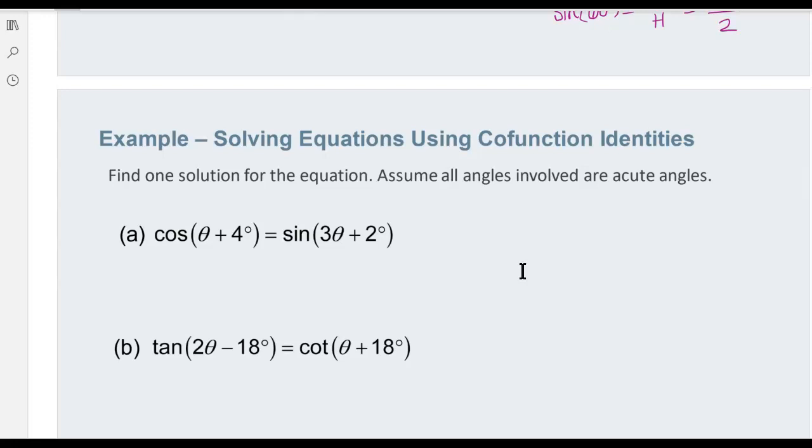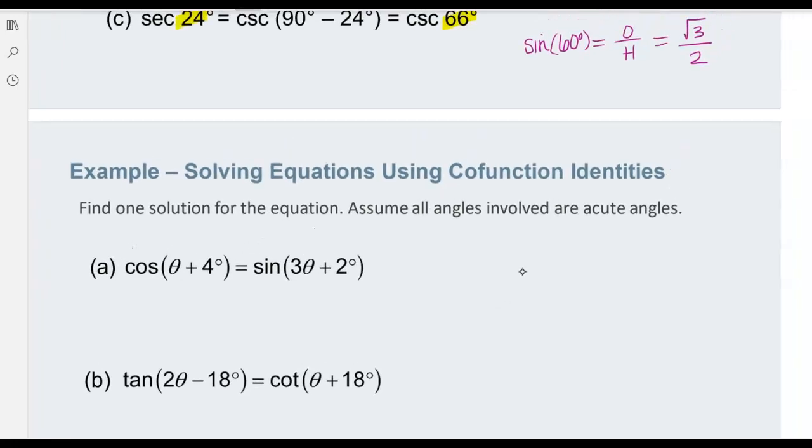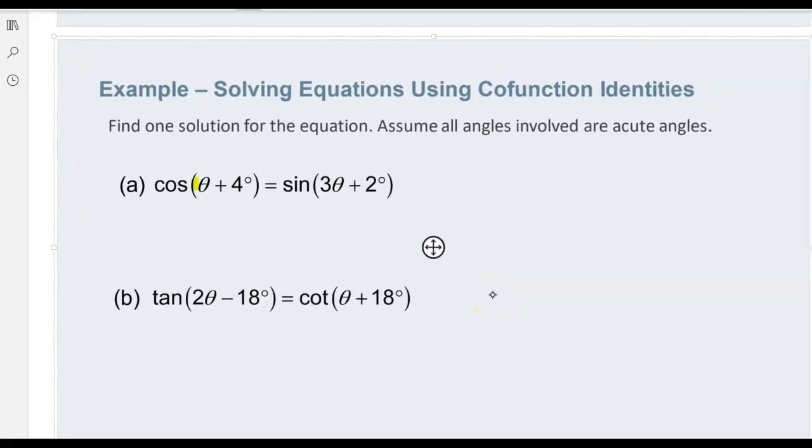Since sine and cosine are cofunctions, that means that this angle here and this angle here have to be complementary, or another way of writing that is that theta plus 4 degrees plus 3 theta plus 2 degrees, those two things added together has to total up to 90 degrees.